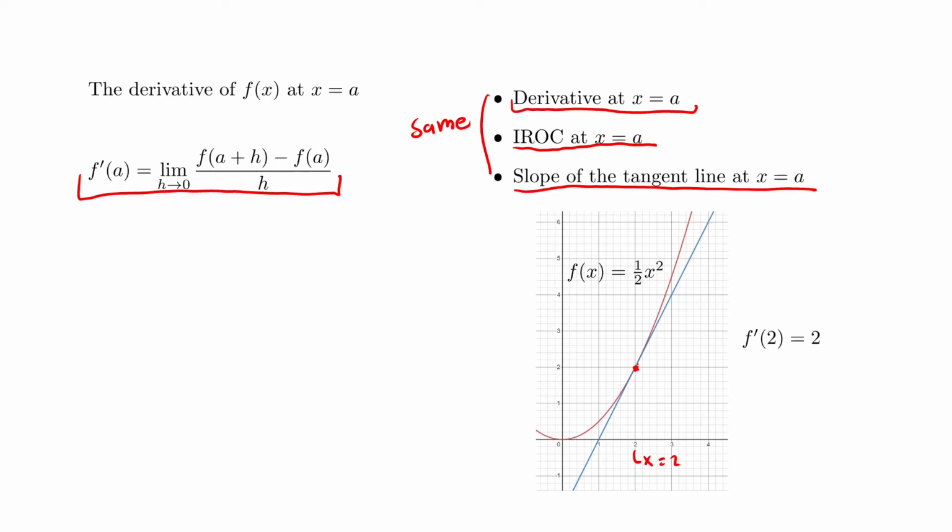So a tangent line is just the line that touches the graph at that point. And if you were to calculate the slope, notice that we have a run of 1 and we have a rise of 2. That means that the slope of that line is 2. So the instantaneous rate of change, or the derivative at that point, is 2.